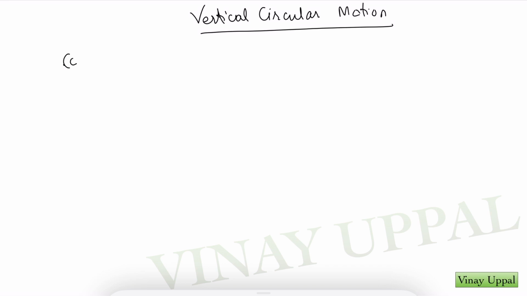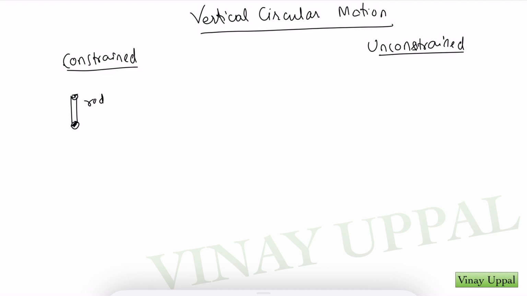One is constrained motion, where the particle is forced to move in a circular path, and the other is unconstrained, where the particle may go out of the circular path and may perform free fall motion. The example of constrained circular motion is a rod to which a particle is attached, so the particle is forced to move in a circular path. On the other hand, an unconstrained example would be a string.